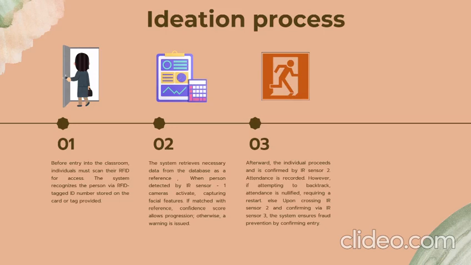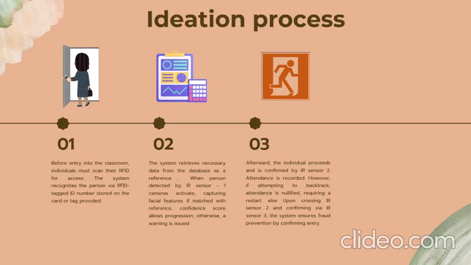After IR sensor 2, if any individual attempts any malpractice and tries to backtrack, the attendance is nullified. If any individual backtracks or does any malpractice to exit the room without any prior knowledge, this will help the system to backtrack.